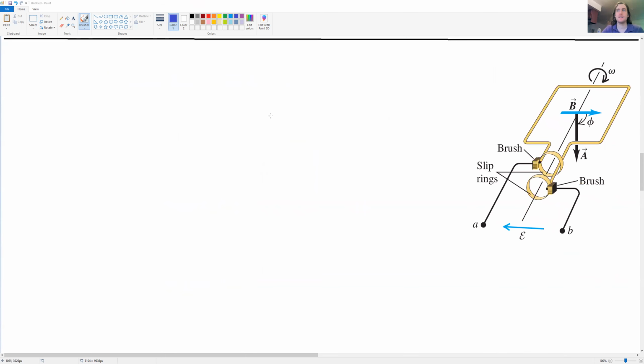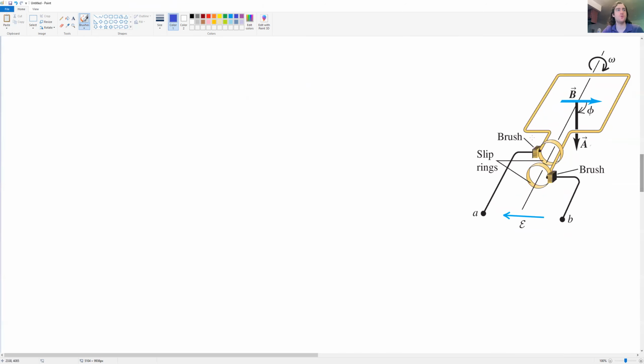The next question is another generator style question here, and these questions are super important. A lot of what we're doing in this chapter is essentially how all of modern technology works. It works based on Faraday's law, based on these induced currents and fields.